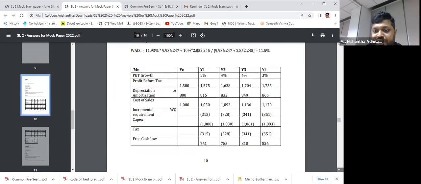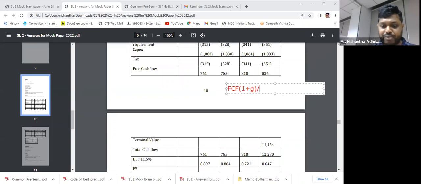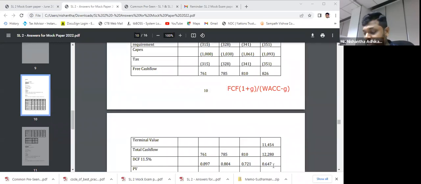Terminal value is the free cash flow at the 4th year into 1 plus G divided by WACC minus G. That means 826 into 1 plus G divided by weighted average cost of capital minus growth rate. Then you can calculate the terminal value, and terminal value should be discounted to today's value using the discount factor at the 4th year.